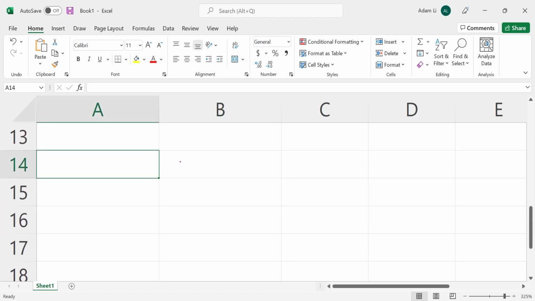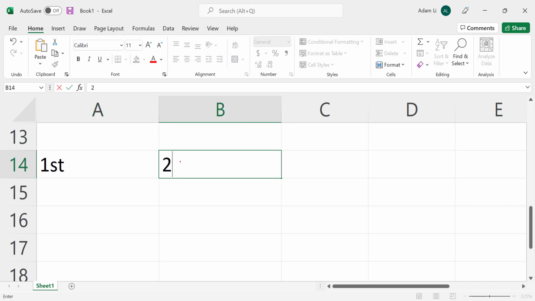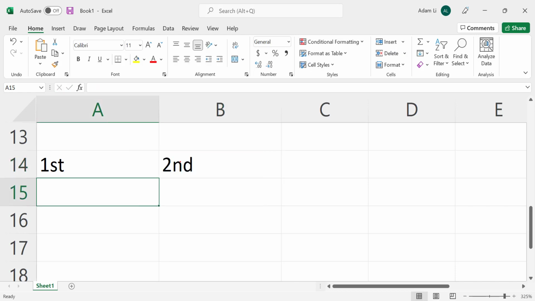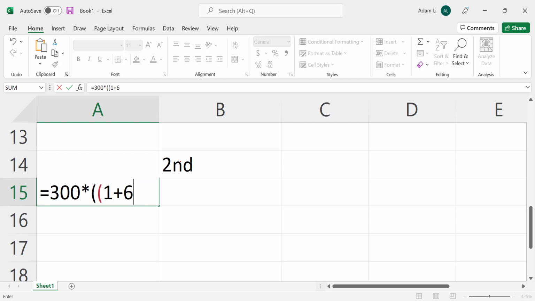So first person, second one. So for the first one, we have $300 multiplied by 1 plus the rate, 6% by 12, raised to 40 years, 12 times a year, so 480 units.